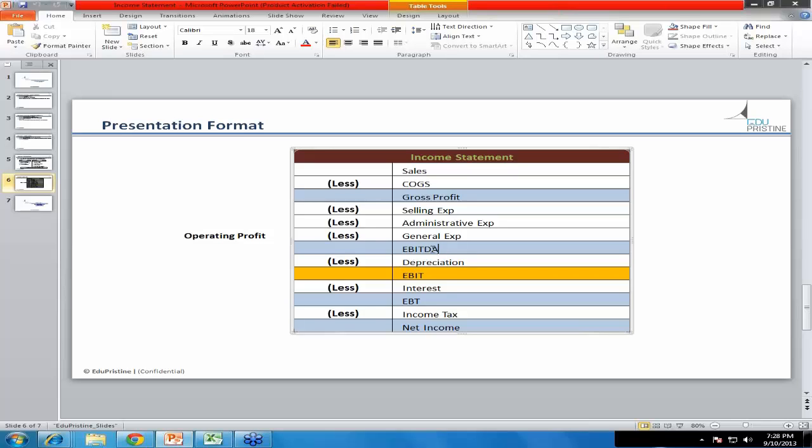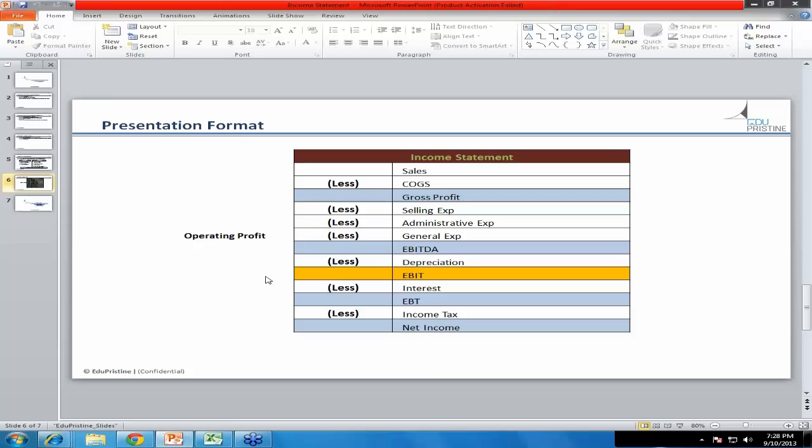As I was saying, the A stands for amortization, which is the depreciation equivalent of intangible assets. Depreciation is on a tangible asset, such as the building in which I operate the pizza shop.